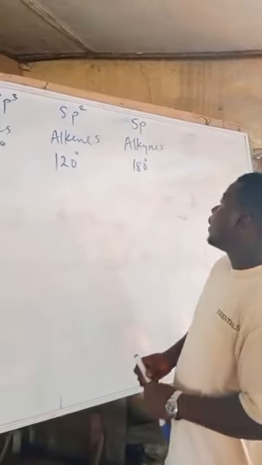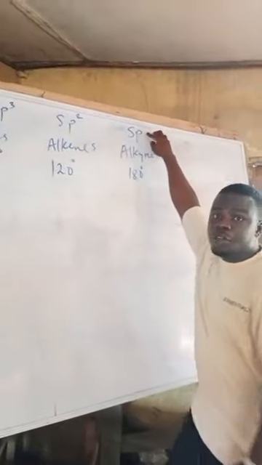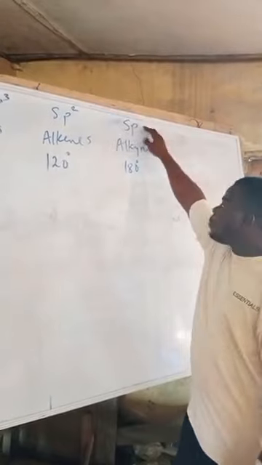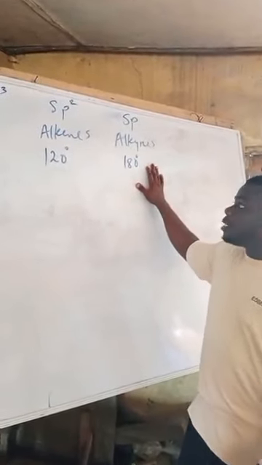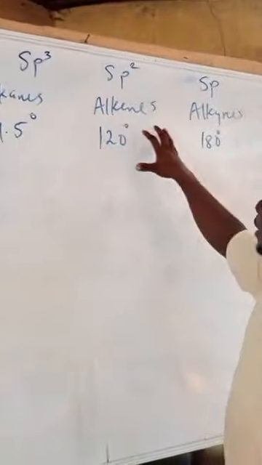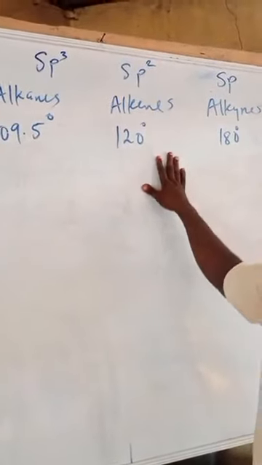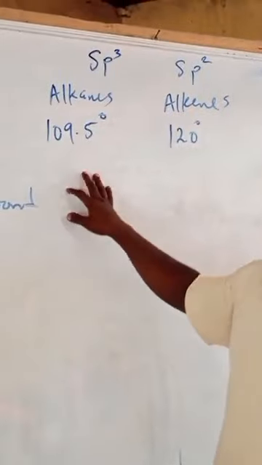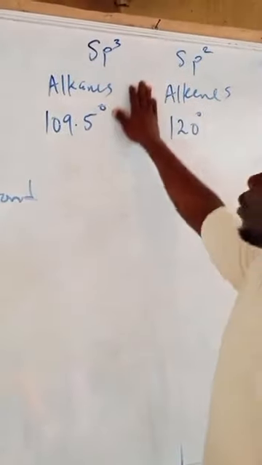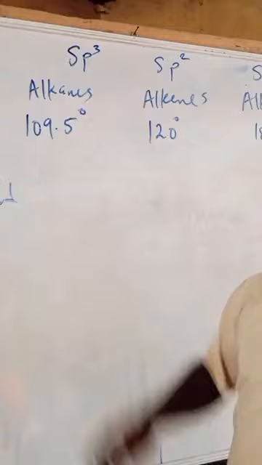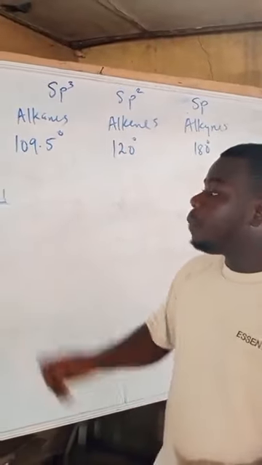I repeat, they have hybridization of sp for alkynes and a bond angle of 180 degrees. For alkenes, they have hybridization of sp2 and a bond angle of 120. Then for alkanes, they have hybridization of sp3 and a bond angle of 109.5 degrees.